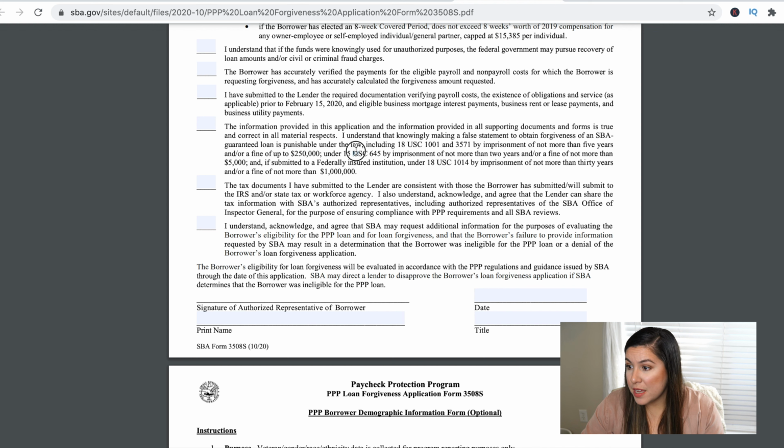And then under this statute, imprisonment of not more than 2 years and a fine of not more than $5,000. And if submitted to a federally insured institution, meaning a bank, imprisonment of not more than 30 years and or a fine of not more than $1 million.